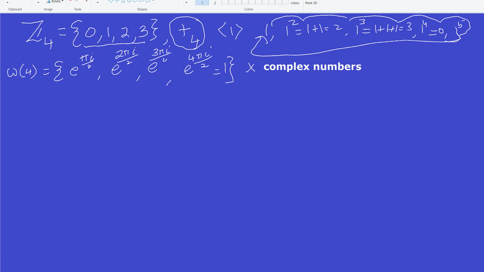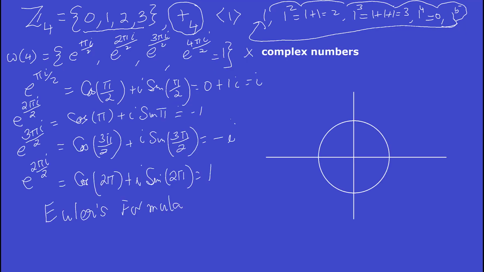In the case of the other group, we have cosine of pi over 2 plus i sine of pi over 2. So that's going to be 0 plus 1i, that is i. Based on Euler's formula, we get e to the 2 pi i over 2, which is i squared, that is -1.